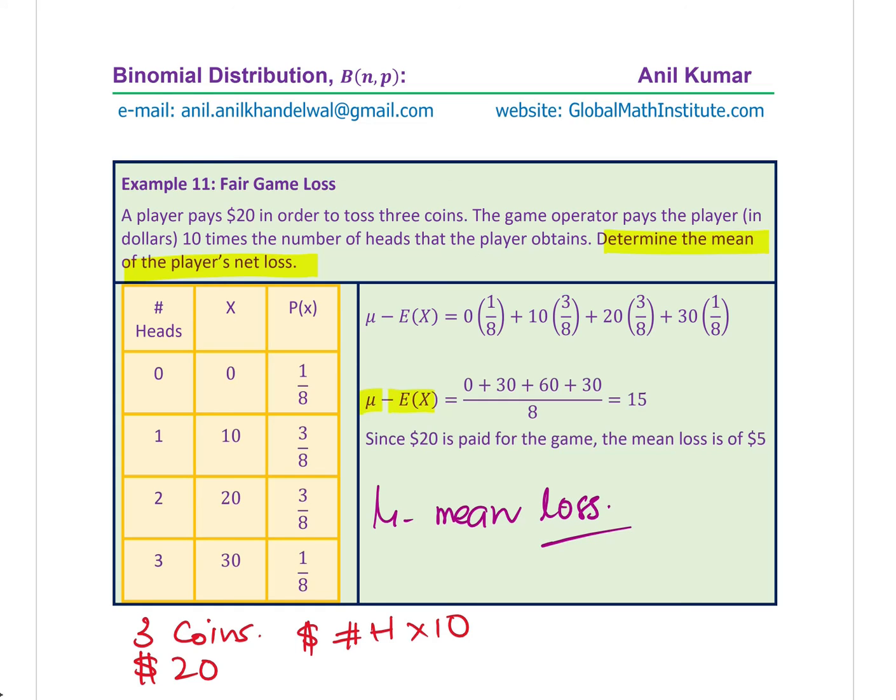In this case, we can just add these terms and we get the answer as 15. Clearly, 15 is what we get in this particular case. Since 20 is paid in the game, the mean loss is $5. Correct? That is how we could actually find the answer. So the loss is 20 minus 15, which equals $5. So that is how we will actually figure this answer. Right.